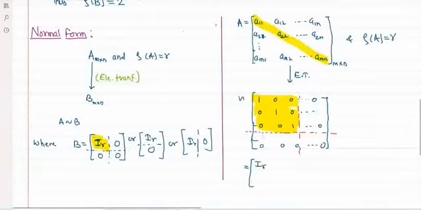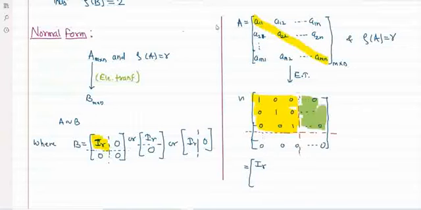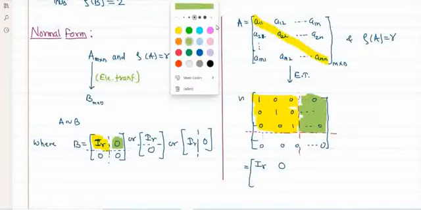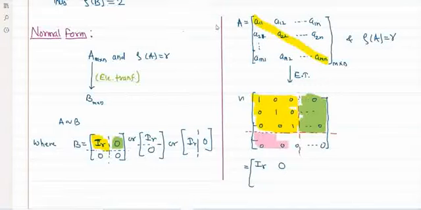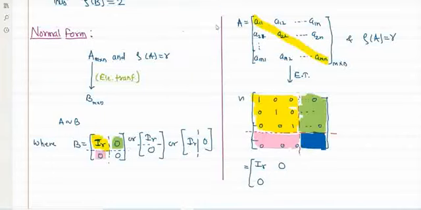Now the next one is nothing but a zero matrix, a null matrix, and this matrix is denoted by capital O. Okay, and the next one is again a zero matrix, and the last one is again a zero. I am purposely using the vertical and horizontal lines.